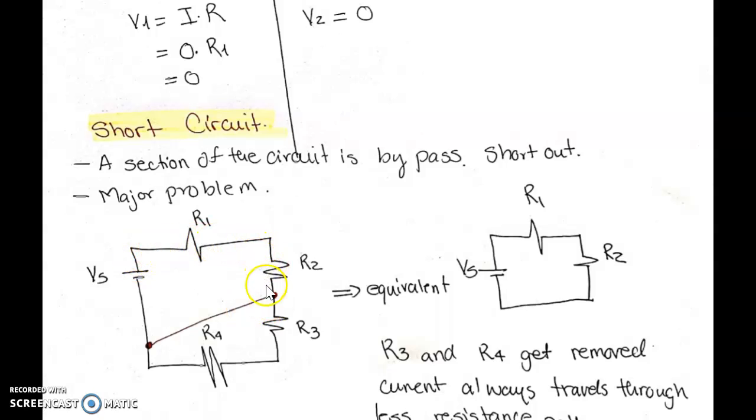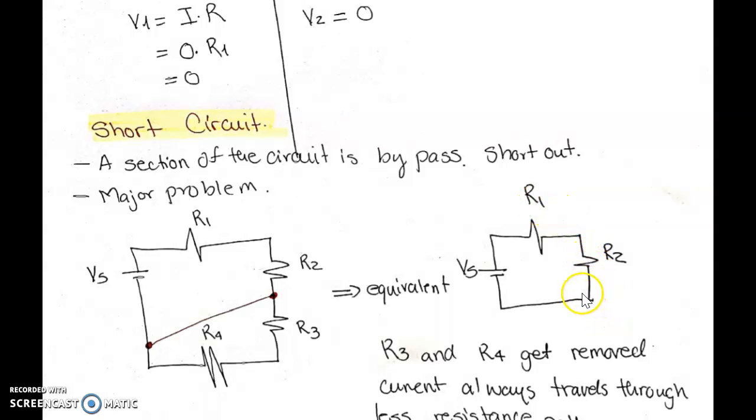When current flows, it gets to this point and has to decide: do I go here, where I have 0 resistance, or do I go through here, where R3 and R4 are resisting me? Obviously 100% of the current is going to come through here, avoiding all this resistance. So this circuit will actually come down to just R1 and R2.